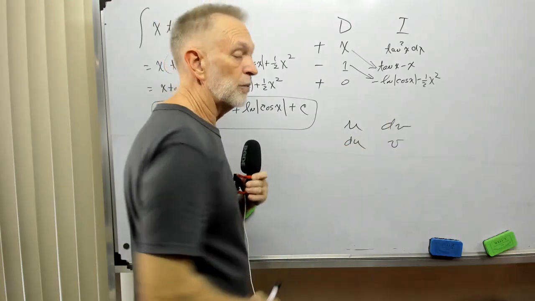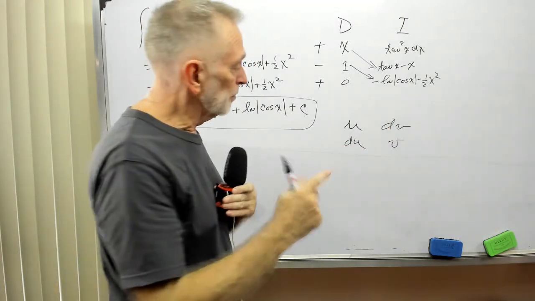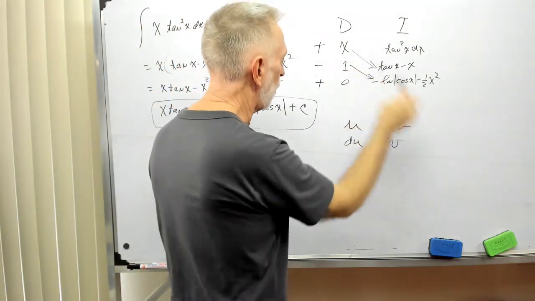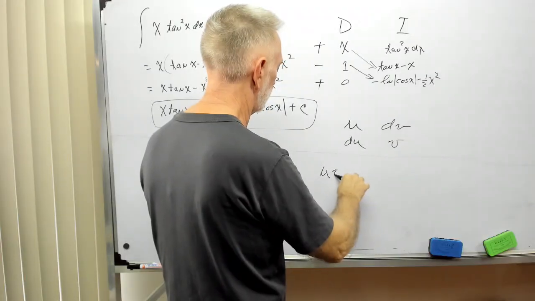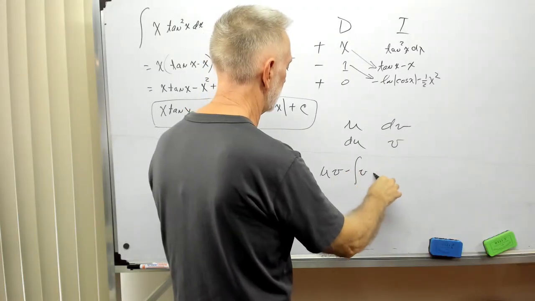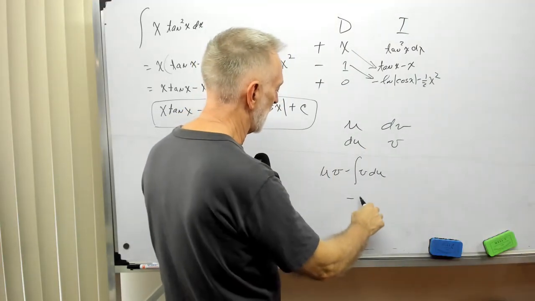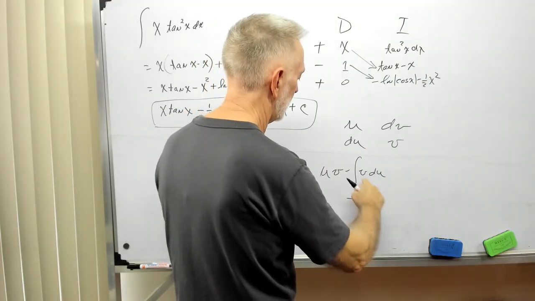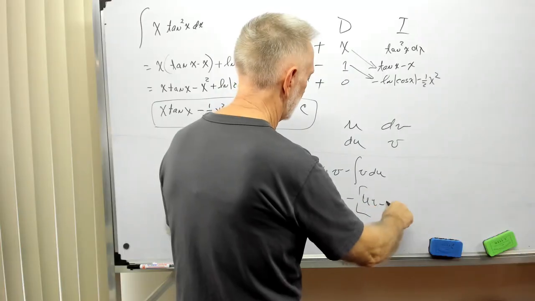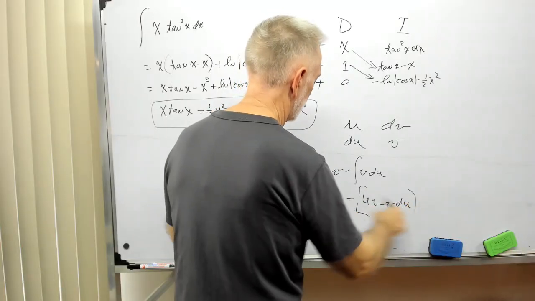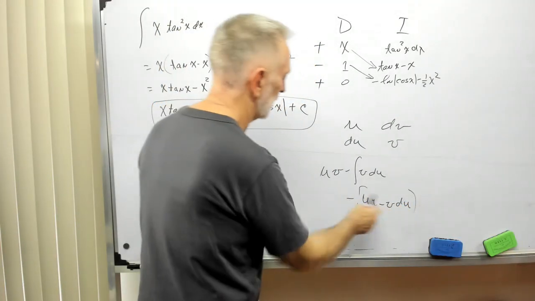Isn't that exactly what we just did? But you'll end up doing this twice. So you'll end up with uv minus the integral of v du, but you'll have to do it again, and this will be minus all of this uv minus v du again, minus a minus is a plus.